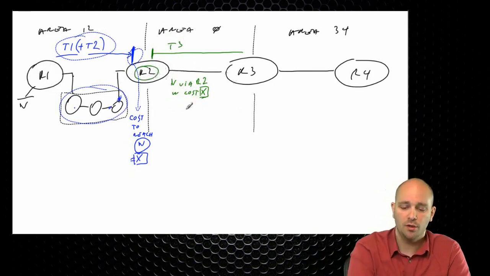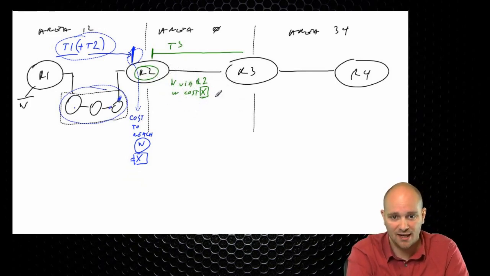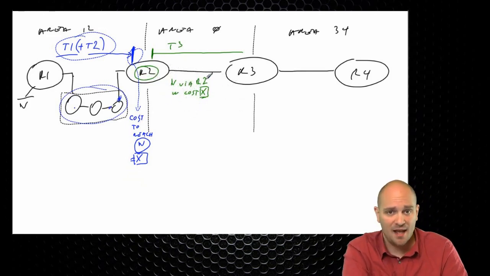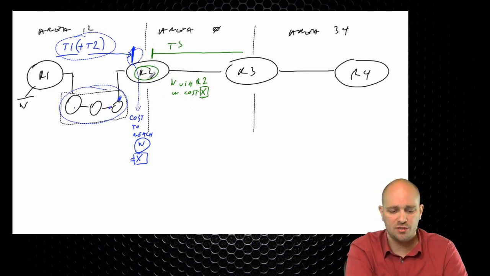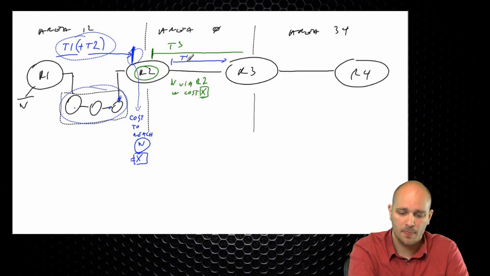R2 will be identified as the originating router for this LSA inside the database, and this originating router is going to be the router ID of R2. Now, R3 knows about R2 because it also had the type 1 LSA describing R2 links.